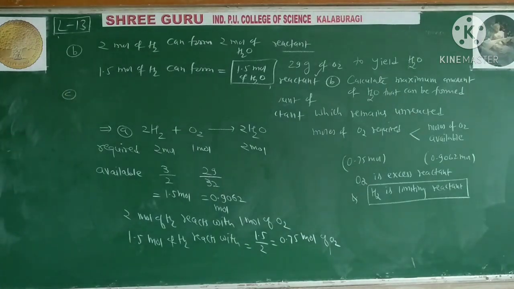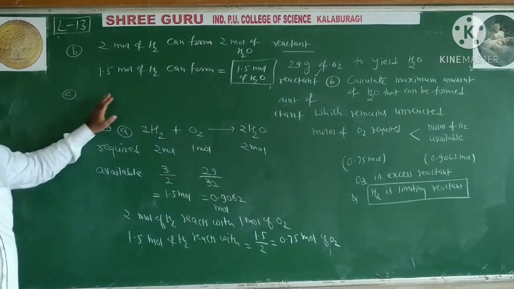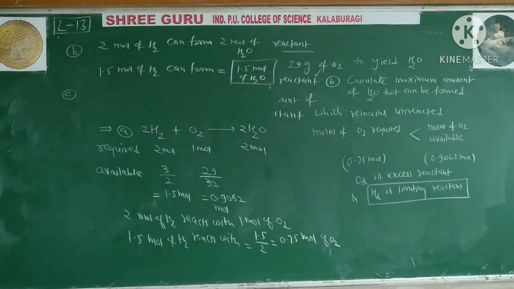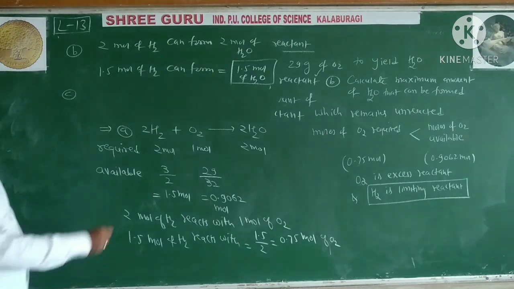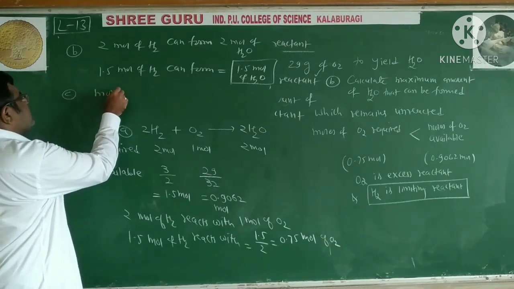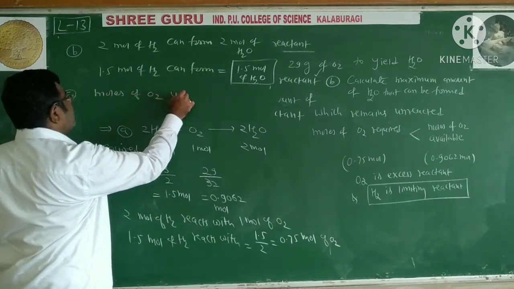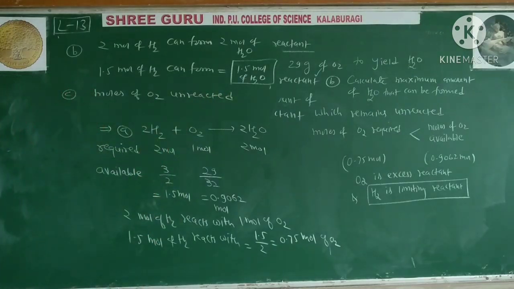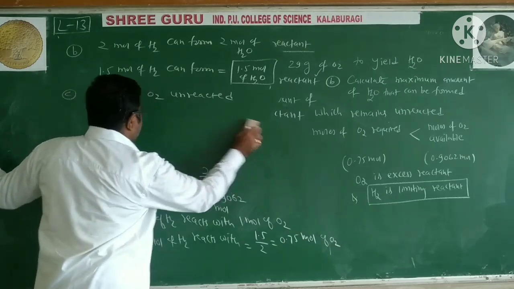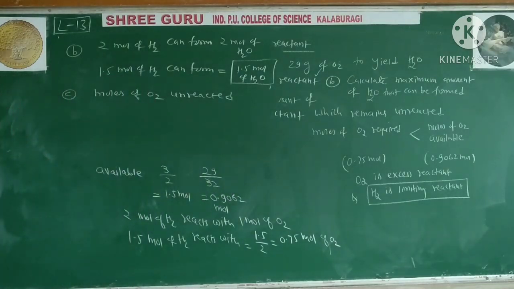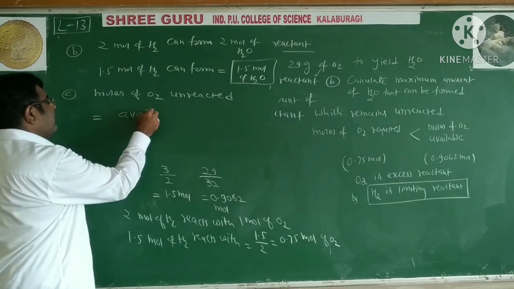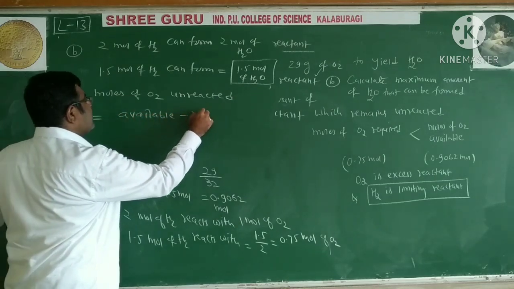And the last question we can answer. I have written here, but the question was: calculate the amount of the reactant which remains unreacted. So we can say, moles of O2 unreacted. How many moles of oxygen are unreacted? We can say it is equal to available minus required.